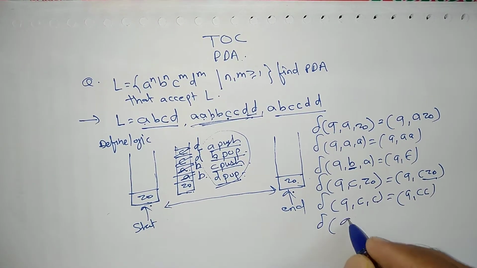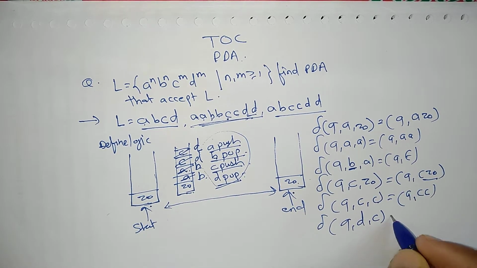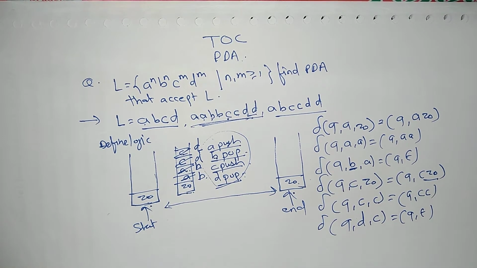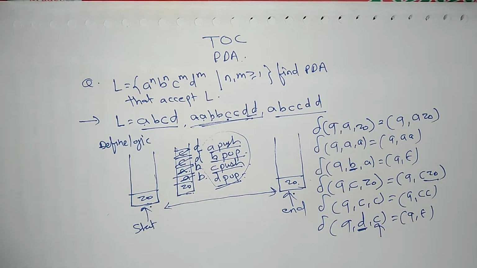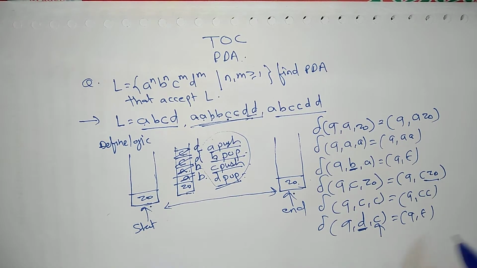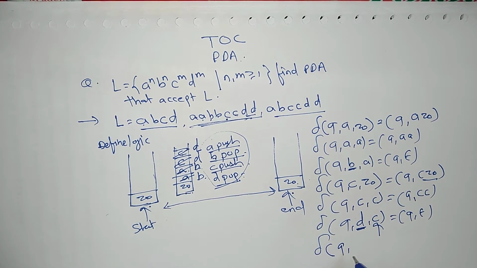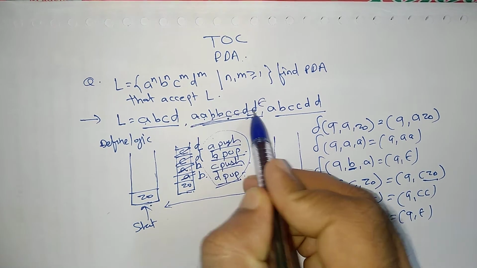Whenever my input is D and the top of the stack is C, then I am going to pop the C. That means D is the input, the top of the stack is C, then I pop that element. This will be performed for all the operations. At the last, epsilon will come when the string ends.